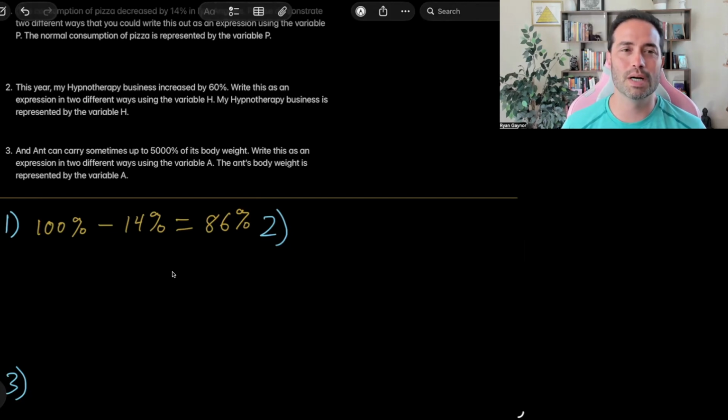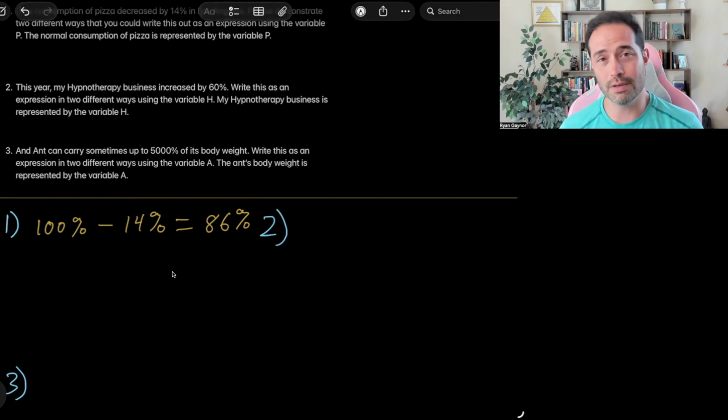Well, a common mistake that students will make is that they'll do a decrease of 14% and they'll say, let's say the pizza consumption is represented by variable p, so they do p minus 14%. That's not true. So we have to think about it as we started at 100%, we take away 14%, and we're now at 86%. So now we're going to focus on writing this in two different ways.